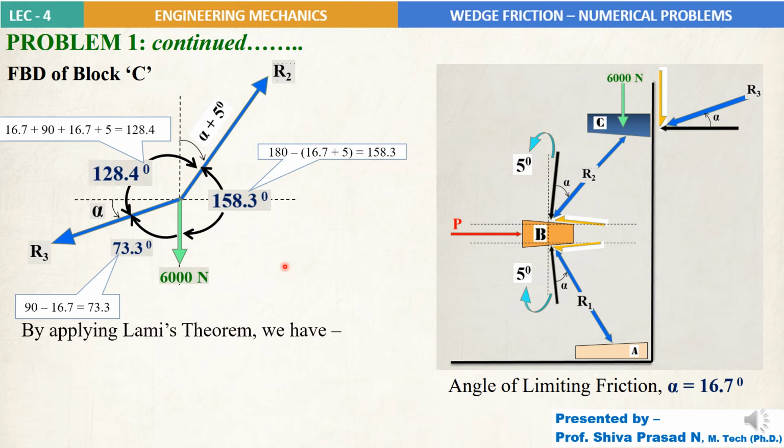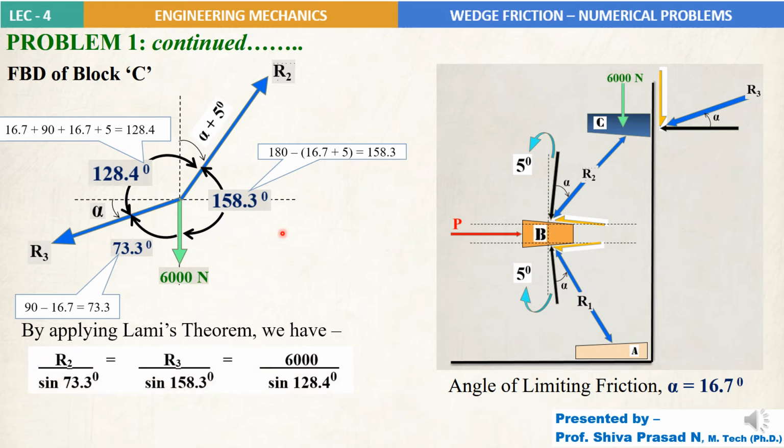Next, moving on, we will apply Lami's theorem for this entire concurrent force system. So the magnitude of any force divided by the sine of the angle between the other two forces is the same for all the forces. That's what Lami's theorem is. R2 divided by sine of 73.3 degrees. Next, R3 divided by sine of the opposite angle, that is 158.3 degrees.